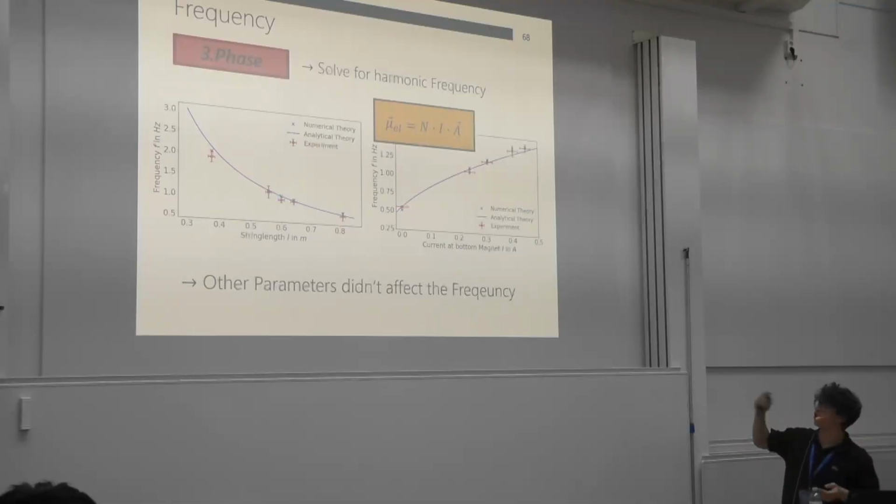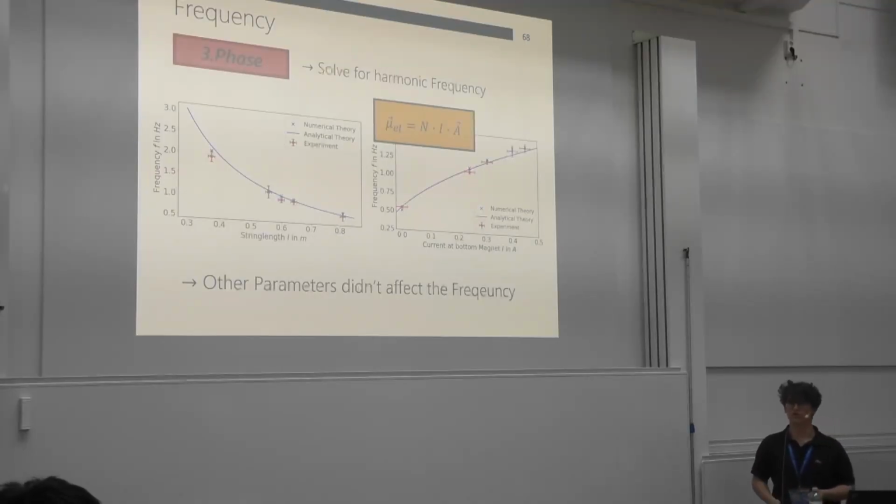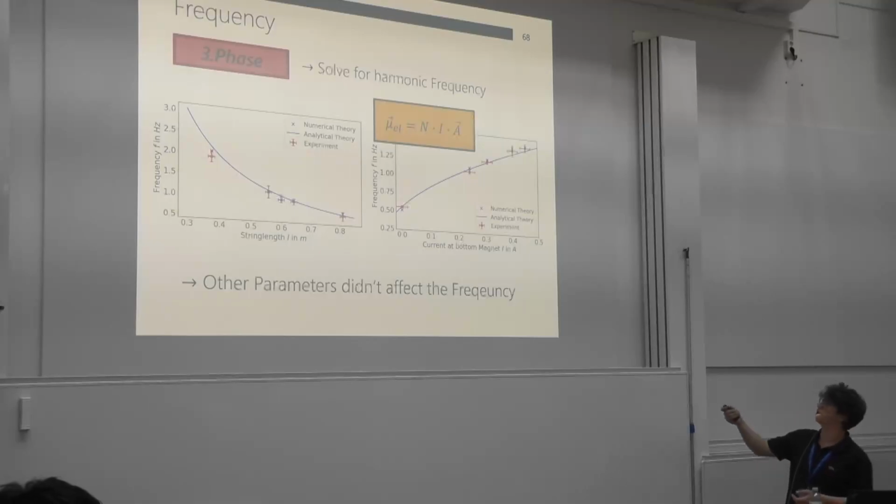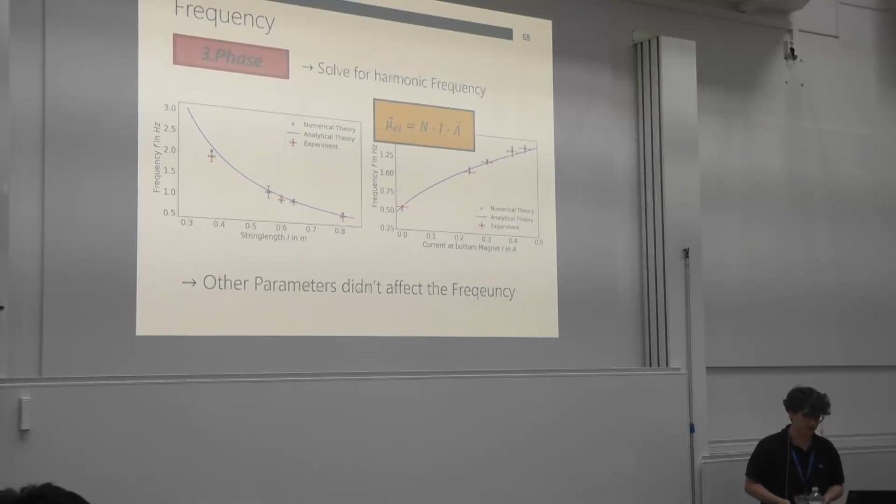Then for the current of the bottom magnet, this varied a bit over time, so we tracked that and took the mean of that, which is then the error in the current at the bottom magnet for all of our measurements. And for the frequency itself, we have a tracking error, but I think there are a lot more errors accounting in this additional error, which we can talk about later.